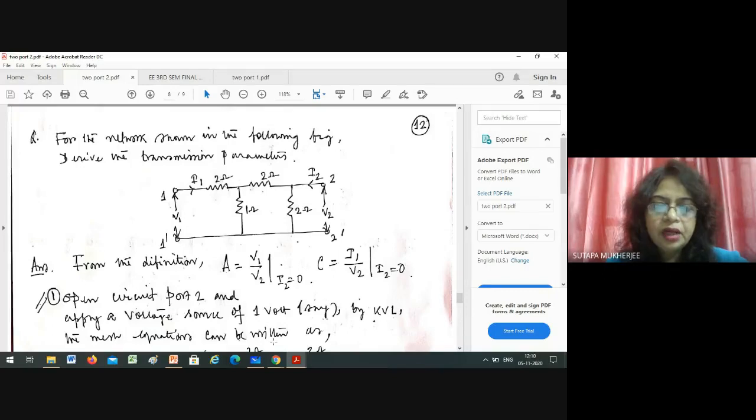Anybody is able to come to the Jamboard and draw the circuit and solve the problem? Anybody? This is very easy. Will you be able to do this? Yes or no?